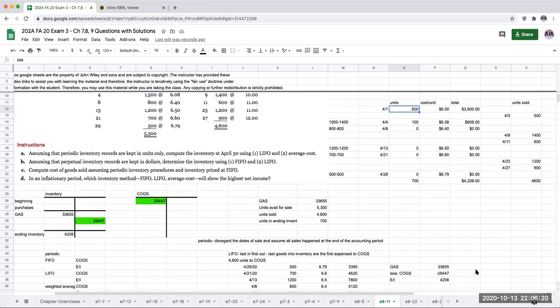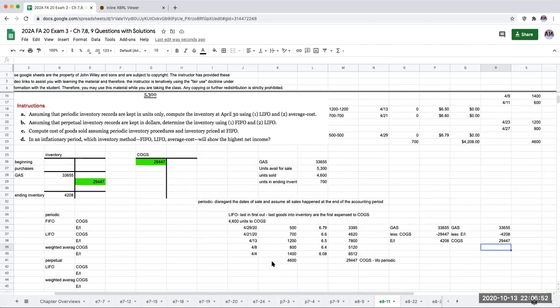If I showed that instead, I've got goods available for sale of 33,655, less my ending inventory of 4,208, and this will give me my cost of goods sold. So whenever you see one of these types of problems, I would have taken the other way through, because it's a lot easier than writing out each one of these.